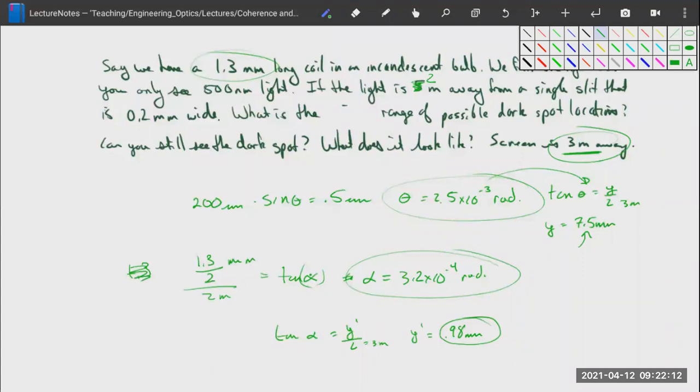And so what ends up happening is the middle of our coil produces a nice clean interference pattern. But then as we move over to the side, we're going to get another interference pattern that is just offset.